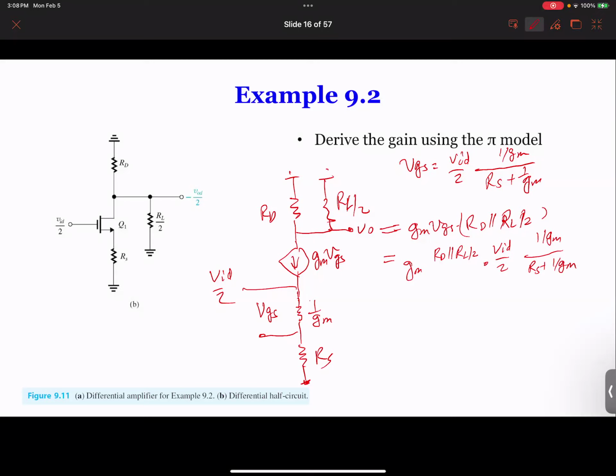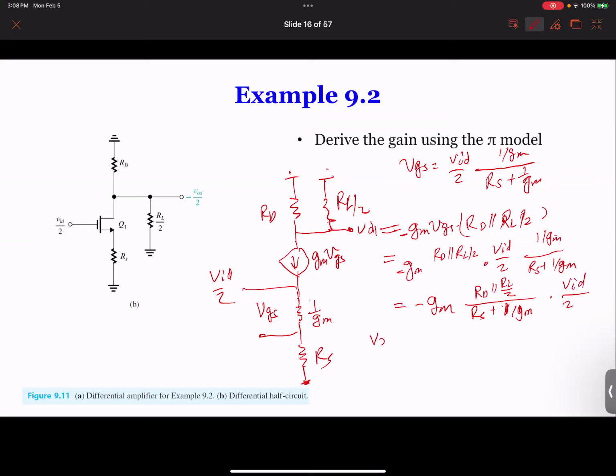And then we do a little bit of manipulation. We should be able to get this gain. So GM and GM cancel, and 2. So remember, we should call this VD1 minus. So this is minus GM times RD in parallel with RL over 2 divided by RS plus 1 over GM, and this is VID over 2.